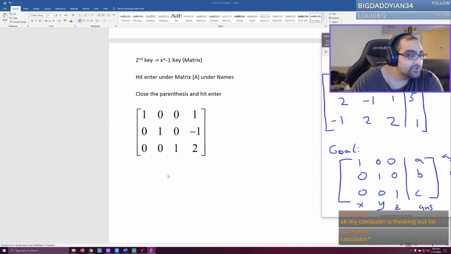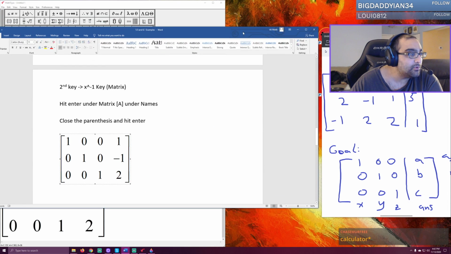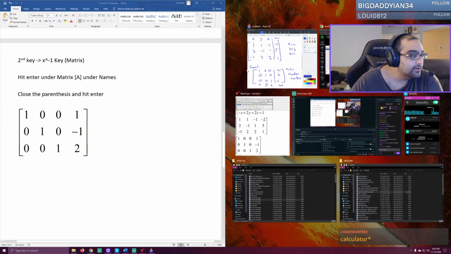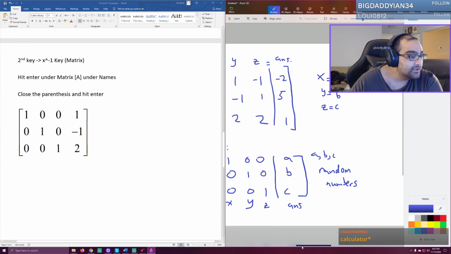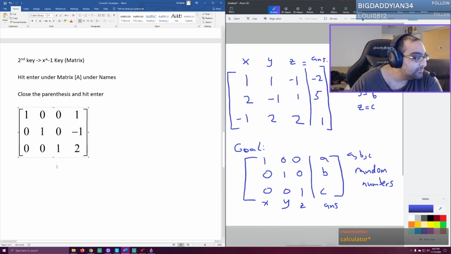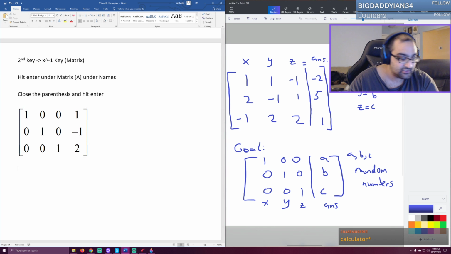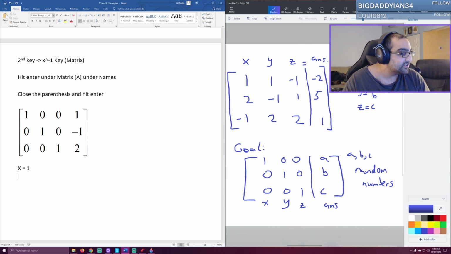Okay, so let's talk about what our final answer is going to be based on what we see. X here is going to equal 1, because from the first row we see x is equal to 1.